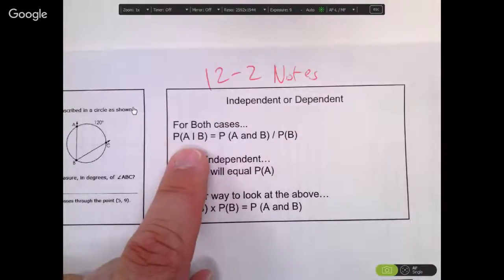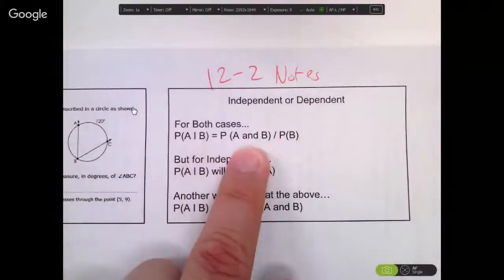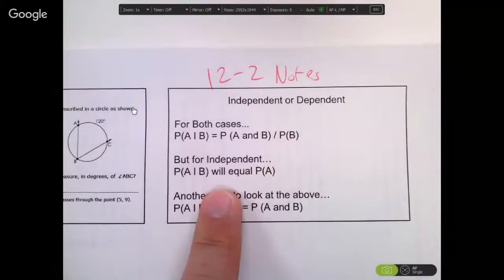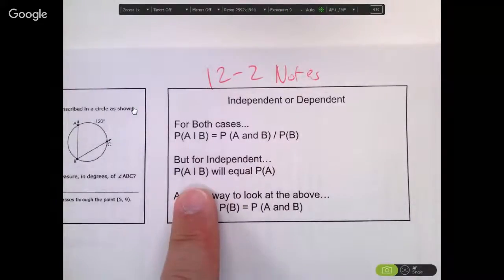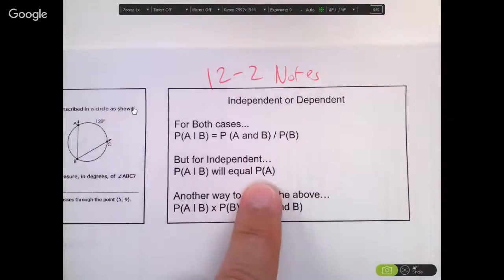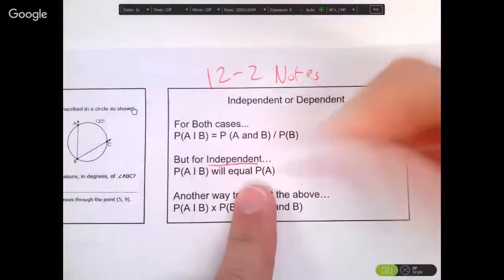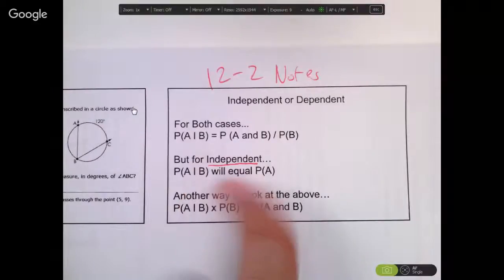This is the formula for independent or dependent. The probability of A given B will equal just the probability of A if it's independent. We have to know that. So if I say independent and I show this, you need to know that.